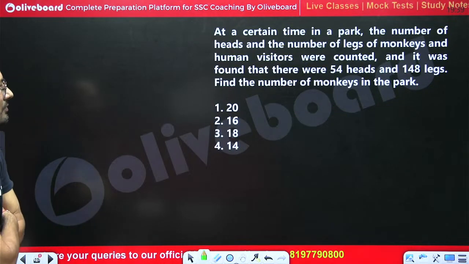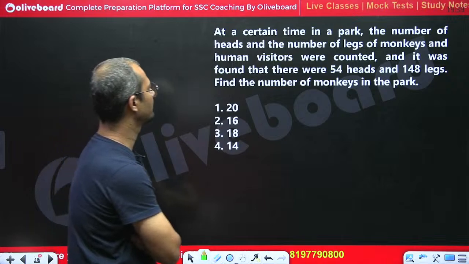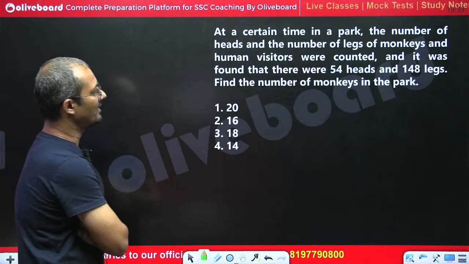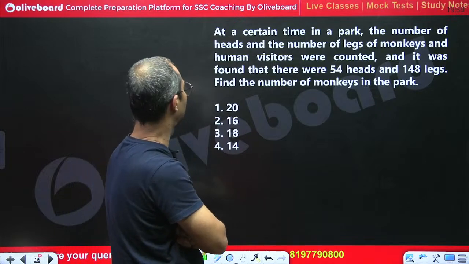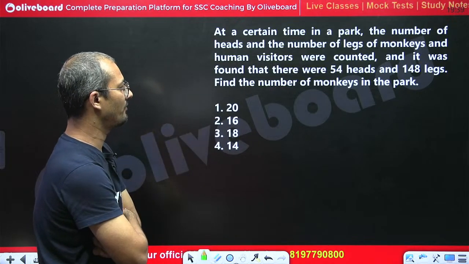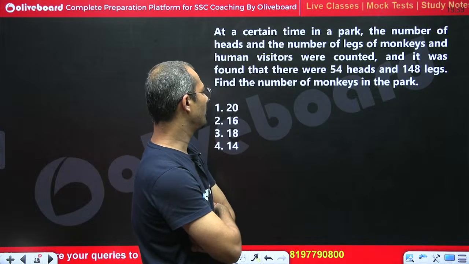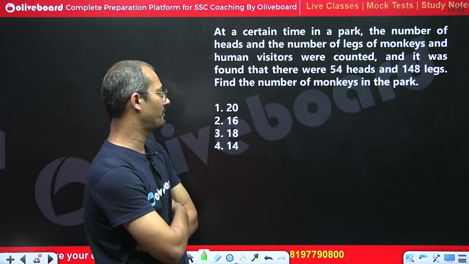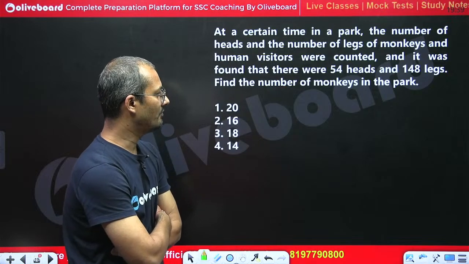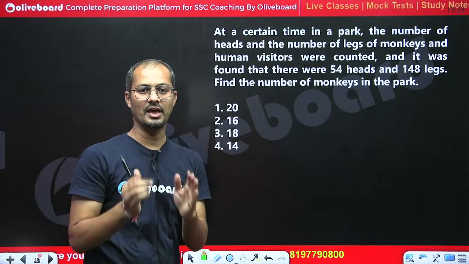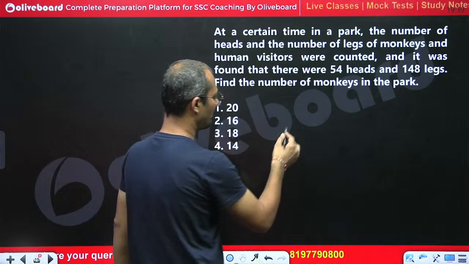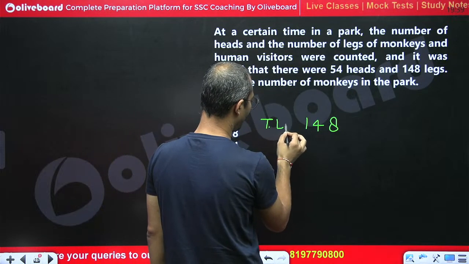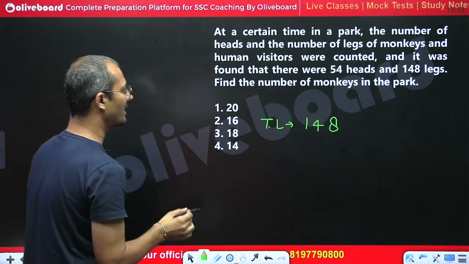Now tell me what would be the answer of this question. The question is saying, at a certain time in a park, the number of heads and the number of legs of the monkeys and human visitors were counted, and it was found that there were 54 heads and 148 legs. The total number of legs is 148. So we have some monkeys and men.